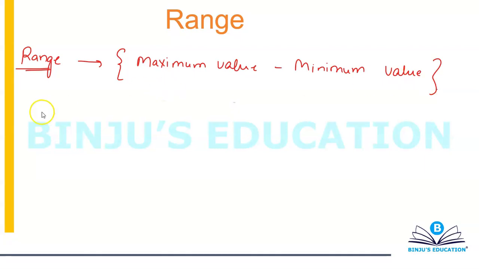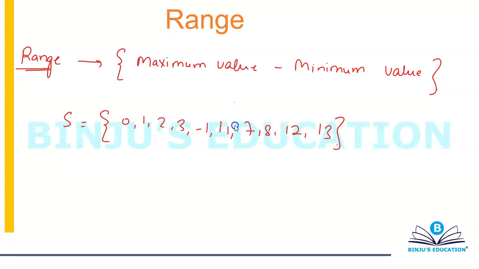For example, let's suppose you have a set of numbers such as 0, 1, 2, 3, minus 1, 11, 7, 8, 12, 13, and I ask you to calculate the range. Range is the maximum value minus the minimum value.